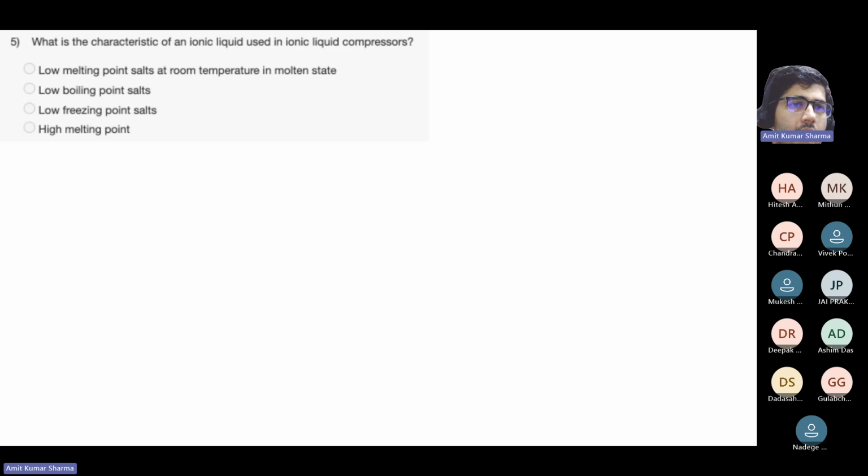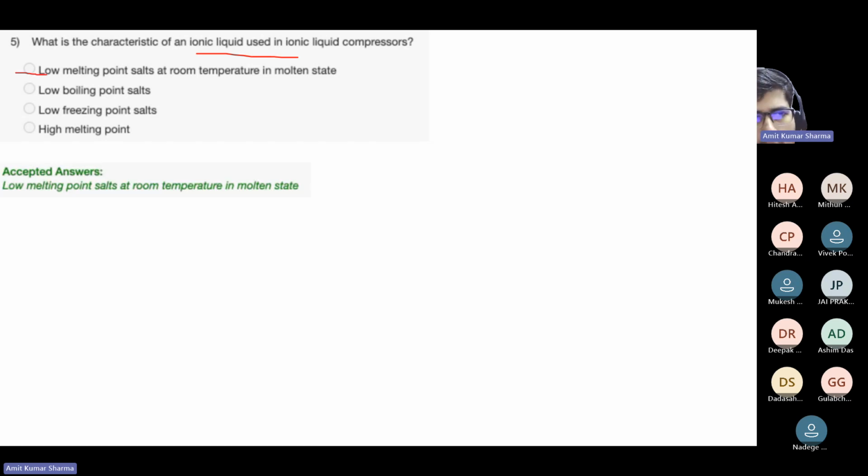What is the characteristic of an ionic liquid used in an ionic liquid compressor? It is a low melting point salt in molten state at room temperature. Yes. So for ionic liquid compressors, we use an ionic liquid that should be a low melting point salt in molten state at room temperature.